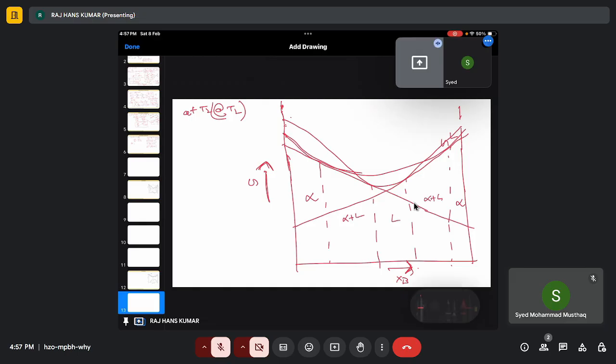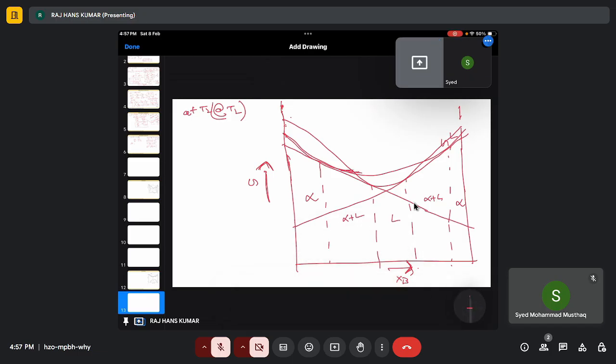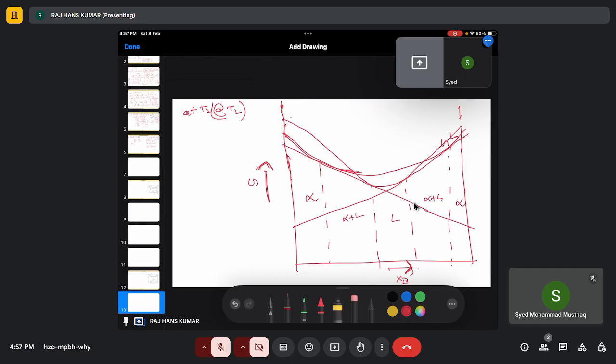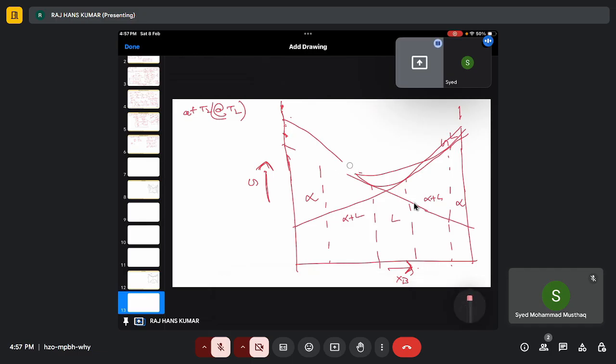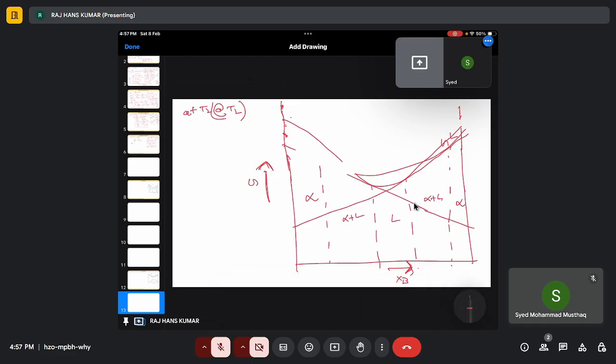So please try to understand. I will redraw this plot again. Okay. This tangent touches this one, and this is for T2.